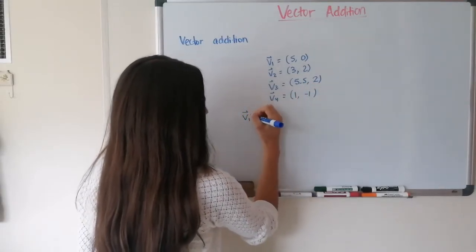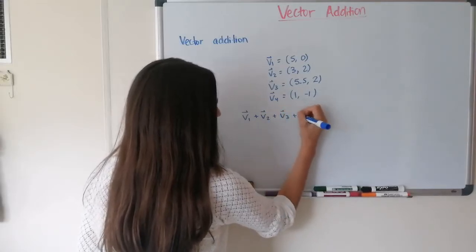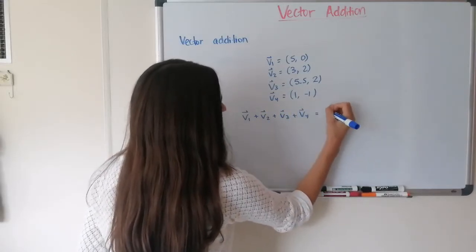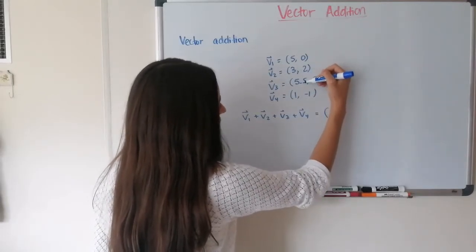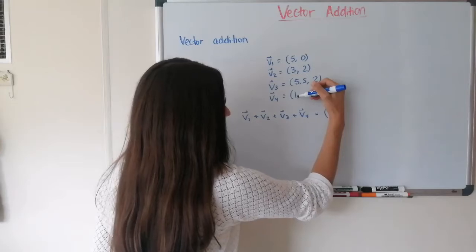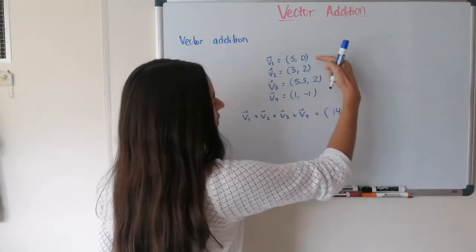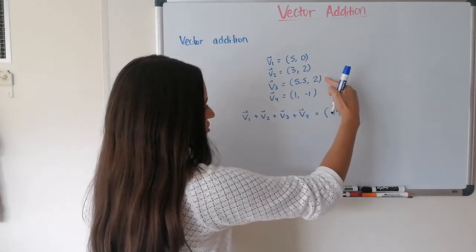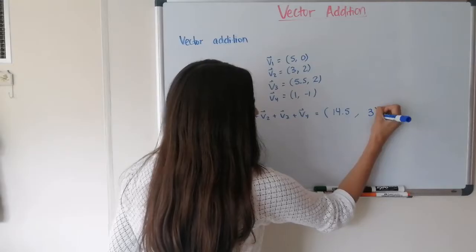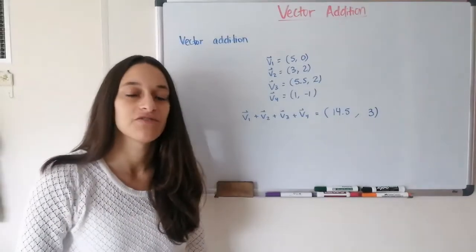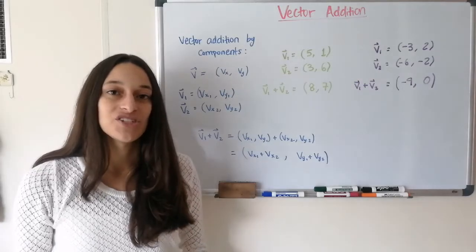The sum of these four vectors, so v1 plus v2 plus v3 plus v4, would be adding all the x's, so 5 plus 3, 8, plus 5.5, 13.5, plus 1, 14.5, comma, and then you add 0 plus 2 plus 2, this is 4, minus 1, 3. So the addition of these vectors would give 14.5, comma, 3. Now let's see what happens with vector addition by graphing.